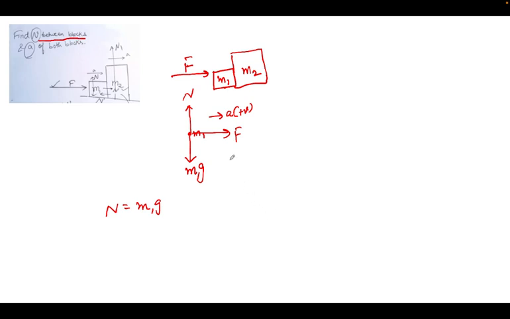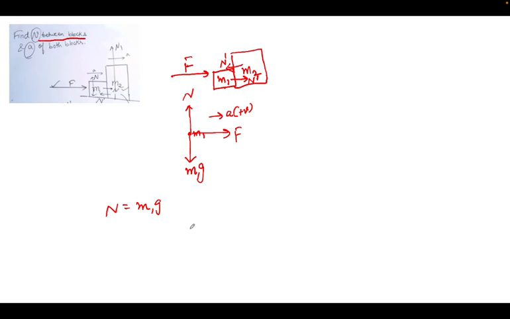So apart from that, since both are in contact, m1 is applying a normal reaction n1 towards m2, and the same normal reaction n1, n dash, m2 applies to m1.